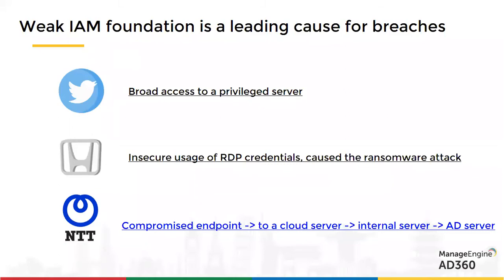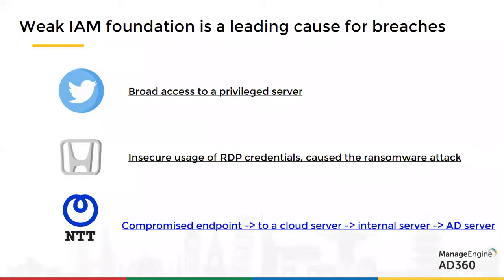For example, Twitter was speculated to have broad access to a privileged server. If I break it down, the internal employees of Twitter had broad access, had liberal access to an administrative server. All the attacker had to do was to compromise a user or trick a user into giving out the credentials to the internal privileged server. And that's it. That led to the Twitter breach, right?